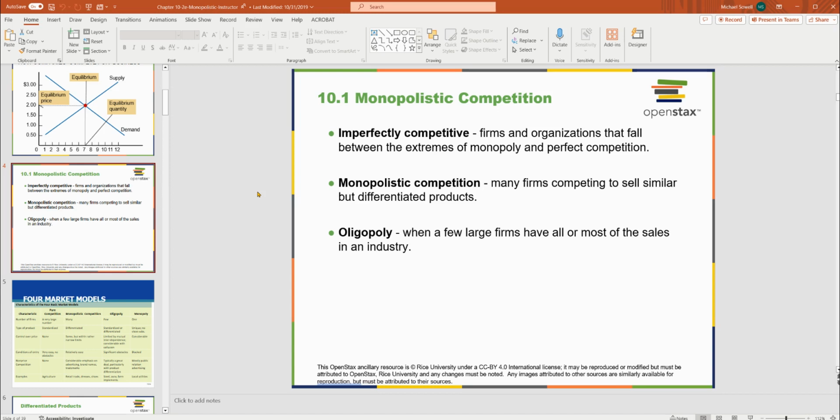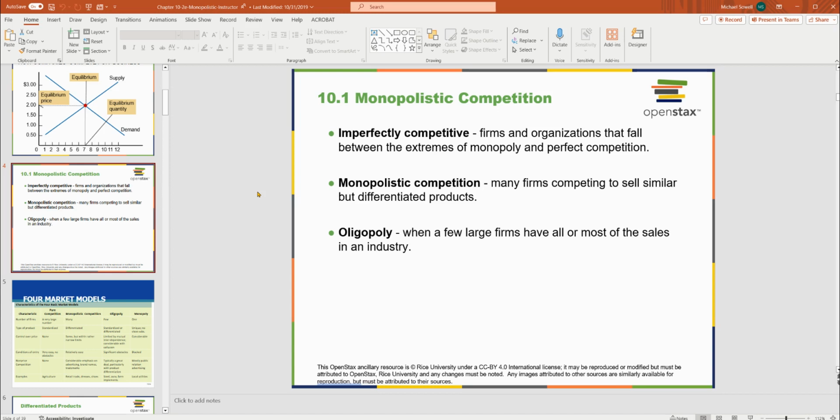Many firms competing to sell similar but differentiated products. The best example is burger joints. How many burger joints do you know that are out there? And all of them are competing to sell one primary product, hamburgers. But they try to make it different so that you'll like it better. They have better ingredients.